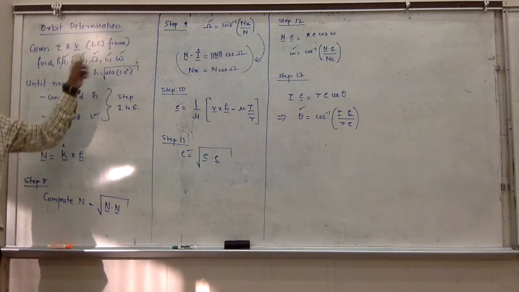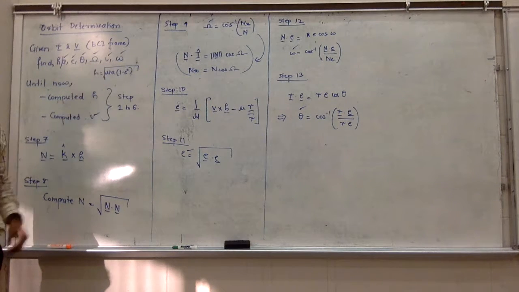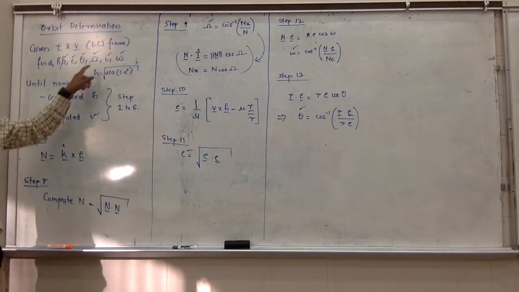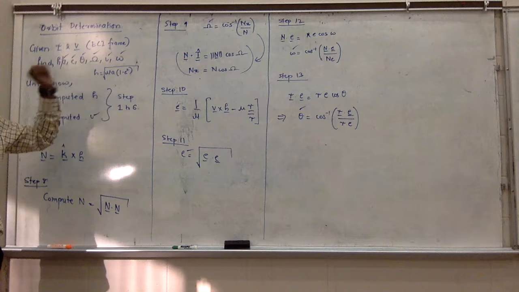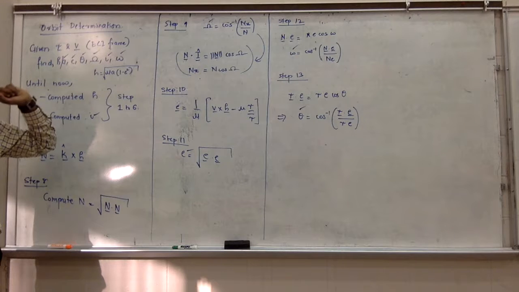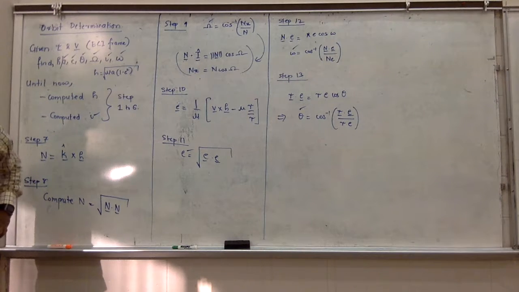What do these three angles characterize? Capital Omega is the right ascension, but what do they characterize?